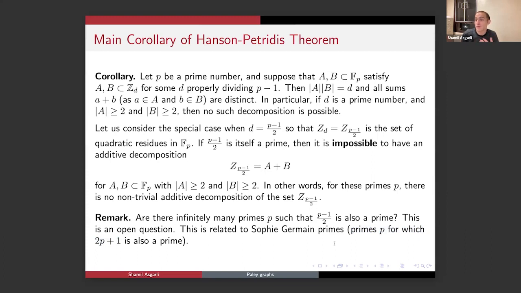Some probabilistic models tell us that, while we don't know there are infinitely many Sophie Germain primes, we expect that up to x we have about log x many of them. So I expect that some analytic number theorists have heuristics that predict, but not prove, the existence of infinitely many Germain primes. I see. Okay, thank you.